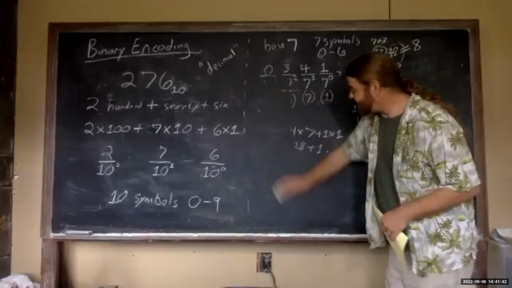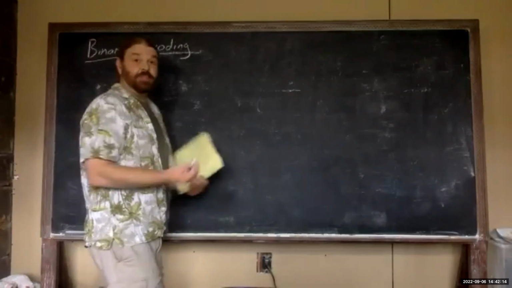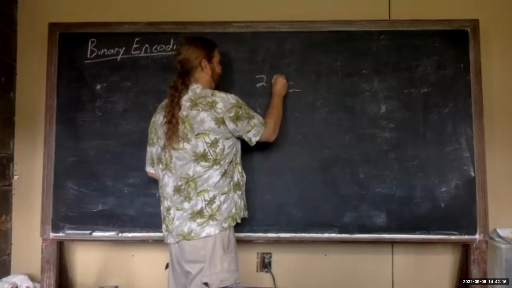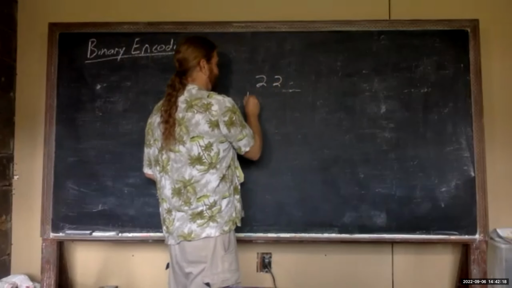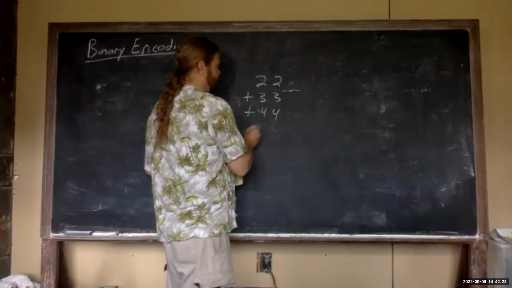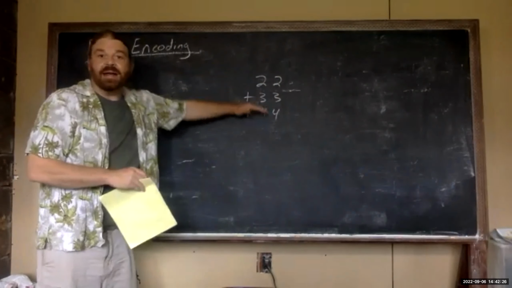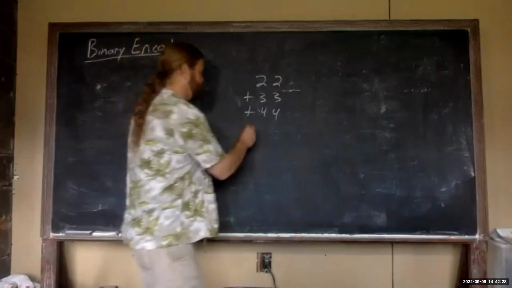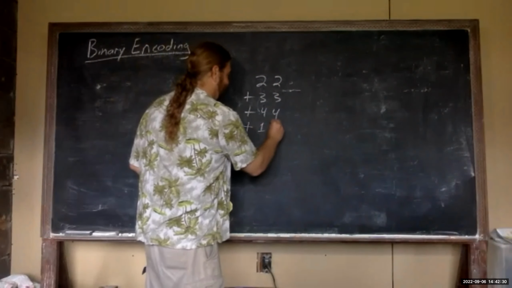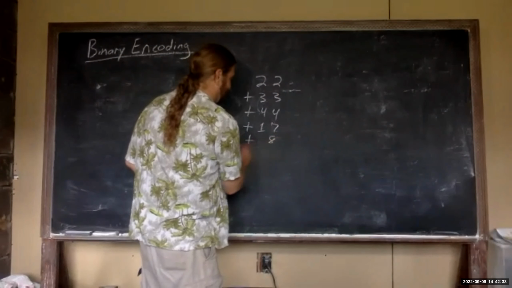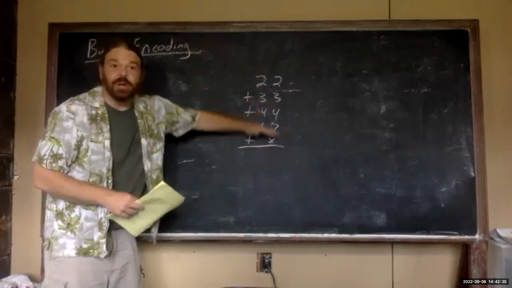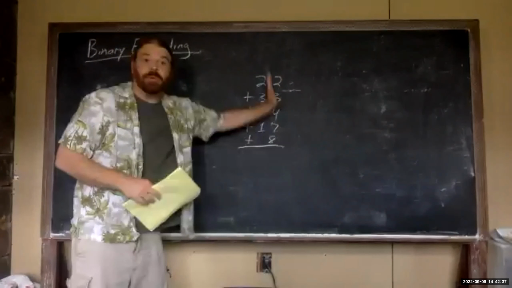Oh, there was a rule that I forgot to put there, which you may have never even heard as a rule, because if we're working in base 10, right, 22 plus 33 plus 44, plus 17 plus 8, we can keep adding numbers together, and we can just keep stacking them up, and it still just goes down our columns like we know, right?